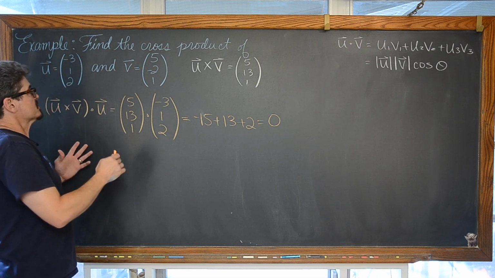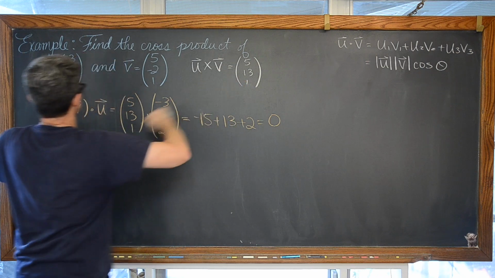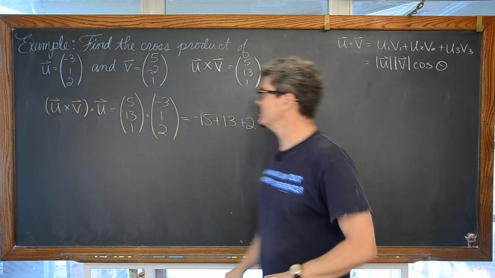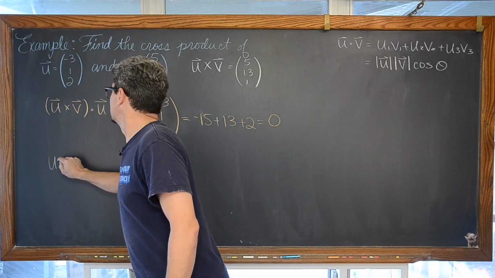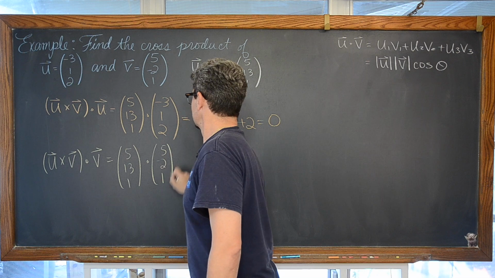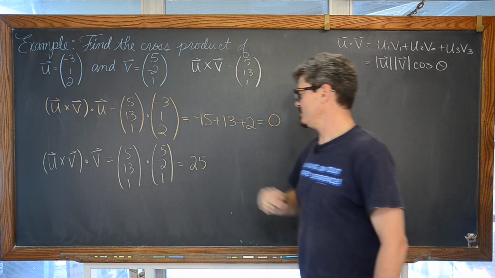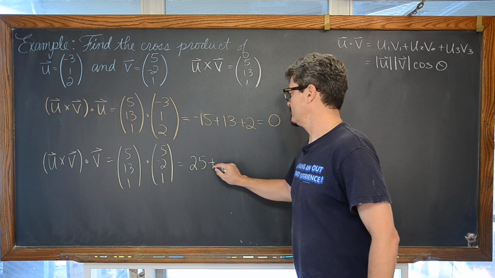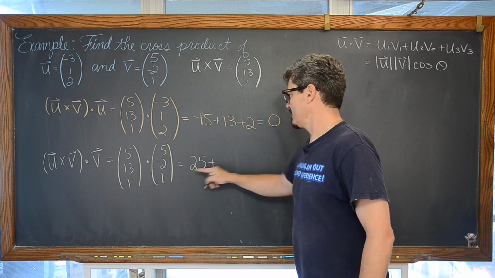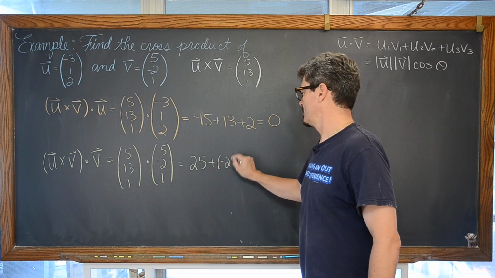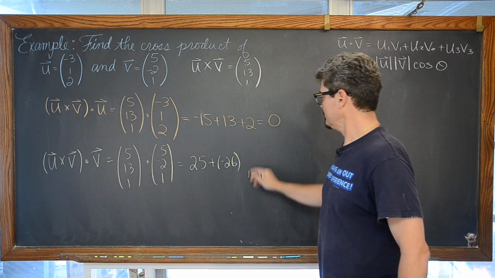So there's a special relationship between our cross product and vector u. Let's see if the same thing happens with vector v. 5 times 5 is 25. We have 13 times negative 2, so we're going to add that product. 13 times negative 2 is negative 26, and then 1 times 1 is 1.